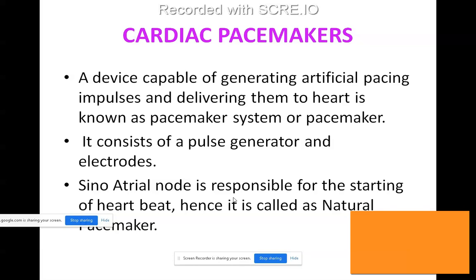But generally, you have the natural pacemaker in your heart at the left side, that is the sinoatrial node, which generates the heartbeat. When the sinoatrial node fails to generate the heartbeat or slows the heartbeat rate, at that time you will be using the artificial pacemaker.